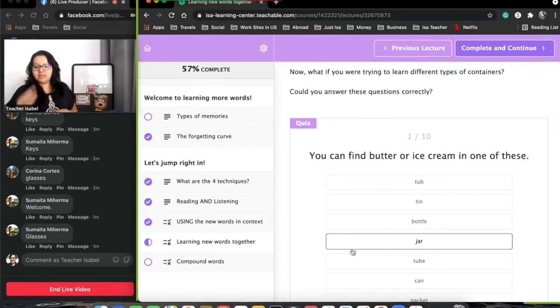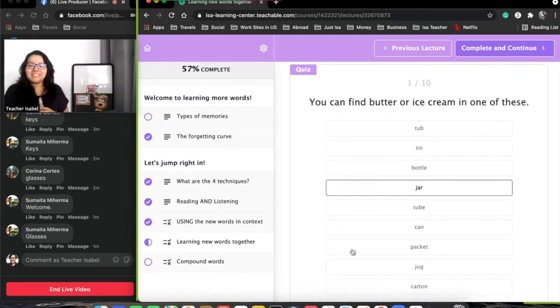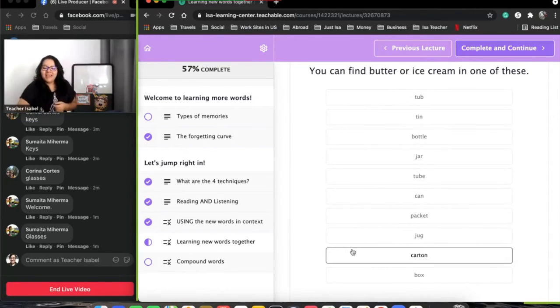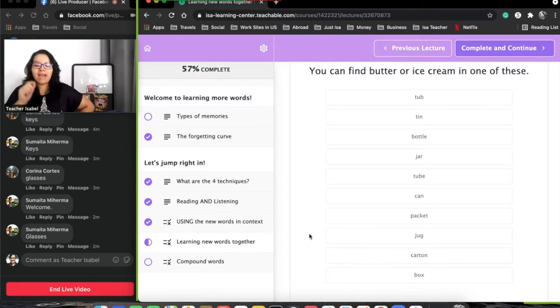Now, let's see if we can do this with containers. This is going to be a little bit tricky, I know, but it's okay. We're practicing. I need to see your answers in the chat because I'm here alone talking to myself and I need to see some interaction, right? You can find butter or ice cream in one of these.